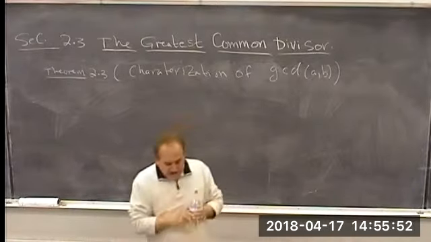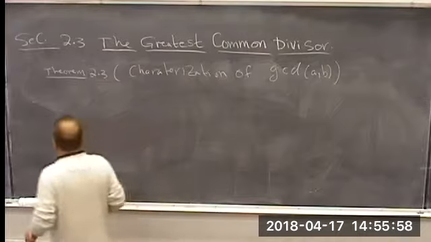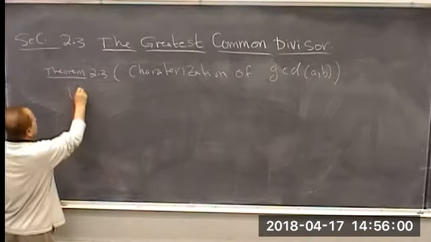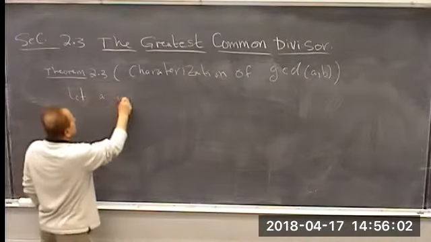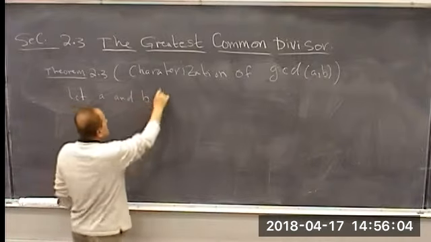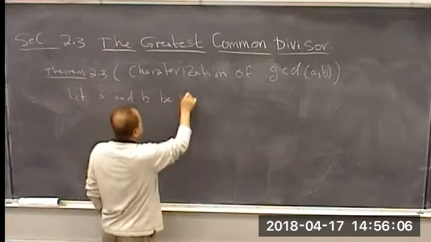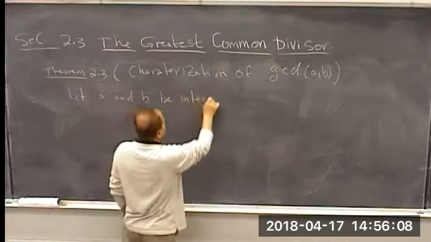All right, so let's start with this. Again, let A and B be integers, not both equal to 0.